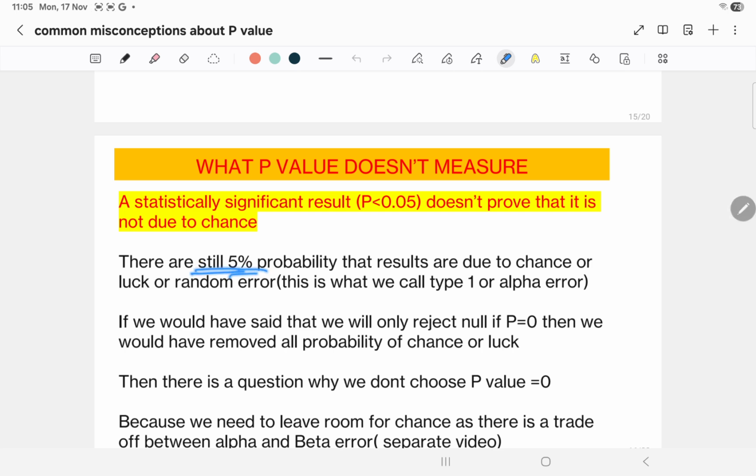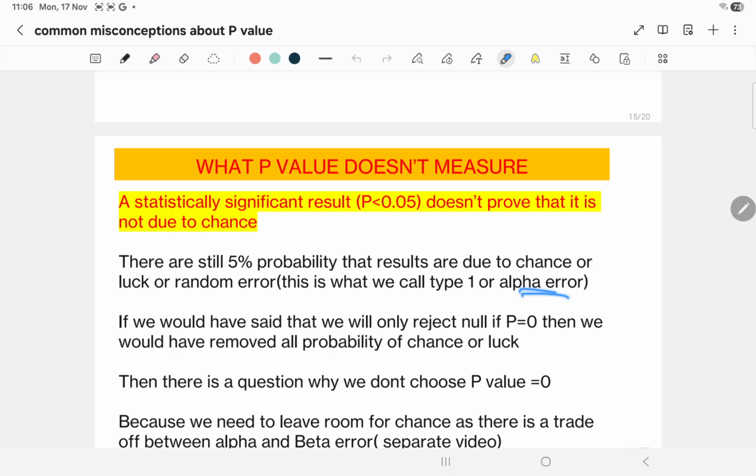So there is still a 5% probability that results are due to chance or luck or random error. If we had said that we only reject the null at p equal to 0, then we would have removed all the probability of chance or luck. So because we are saying that we will reject the null at p less than 0.05, I am okay to accept the chance element up to 5%.